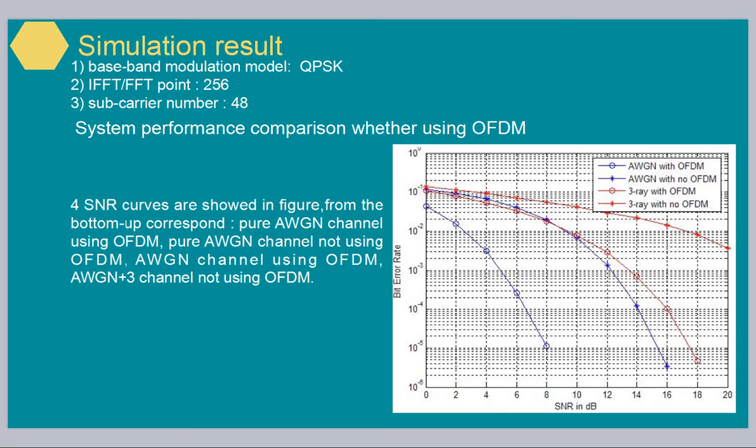From the bottom, they correspond to pure AWGN channel using OFDM, pure AWGN channel not using OFDM, AWGN plus 3 channel using OFDM, and AWGN plus 3 channel not using OFDM.